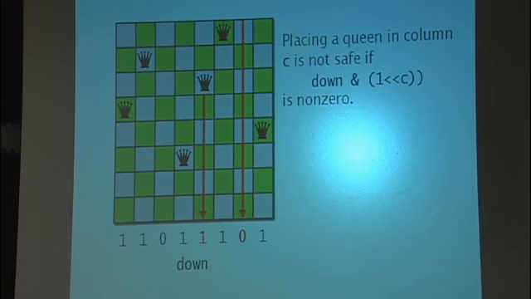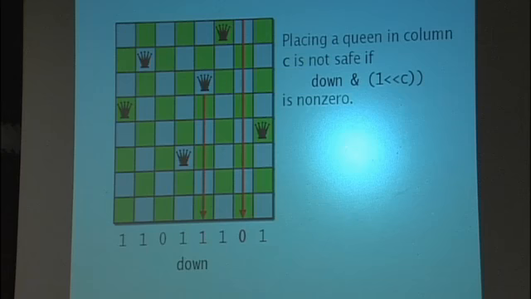Everybody follow that? So testing whether it's safe to put a queen in a given column, from the column attack, we can do that really efficiently. These are all going to be in registers. No memory operations, no table lookups, no L1 caches, all right in registers.